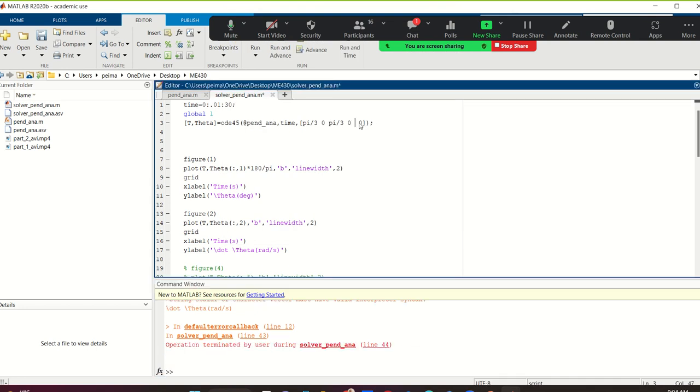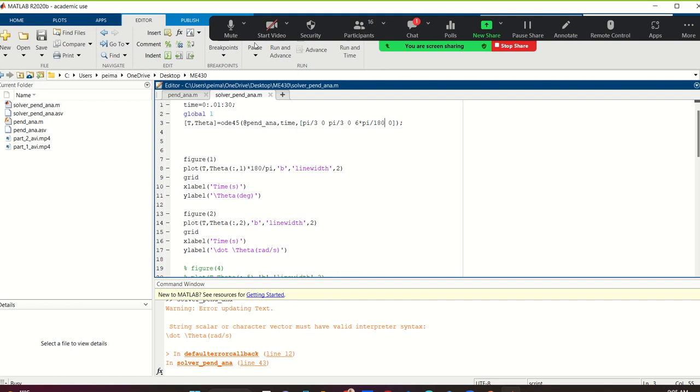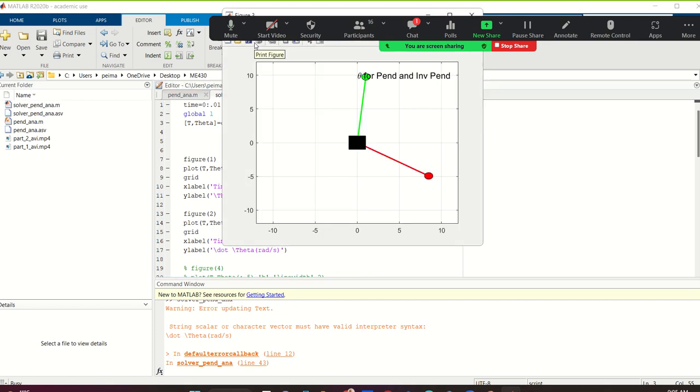If I increase to 6 degree, means in radian, now let's see what happens. Because remember, I told you the angle between 0 and 6 is the range that you can linearize, right?